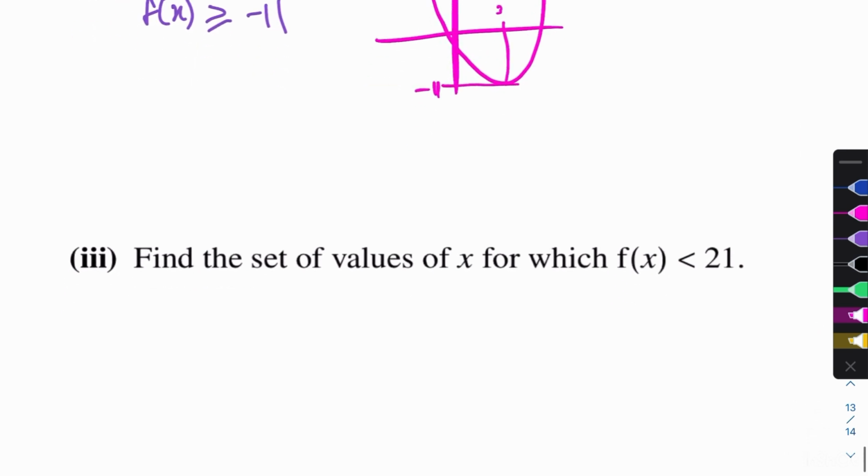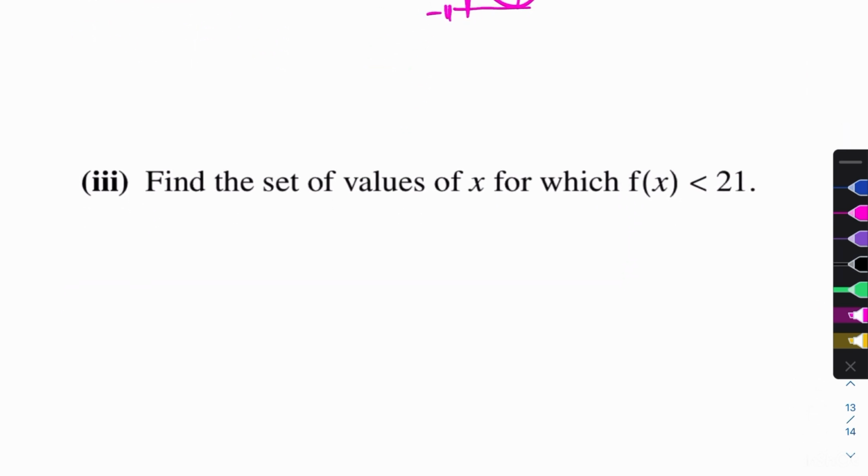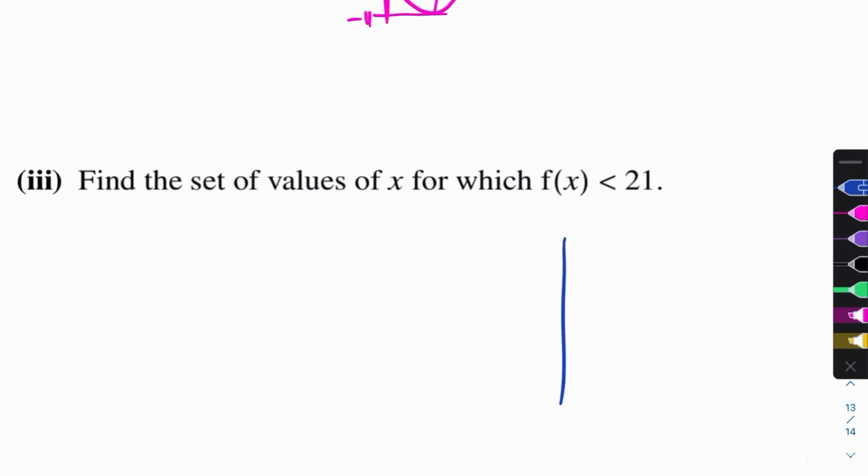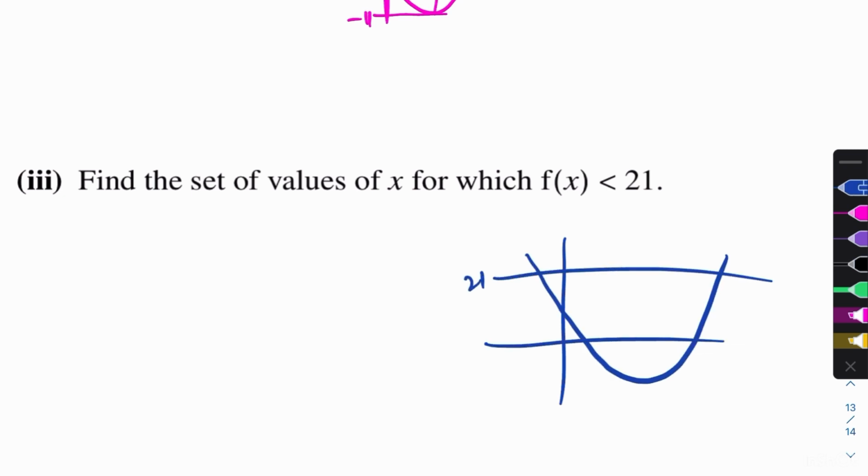Okay, find the set of values of x for which f(x) is less than 21. So that means that, if we have our graph here, something like this, here is 21. So what are the x values, these values where our f(x) is less than 21?